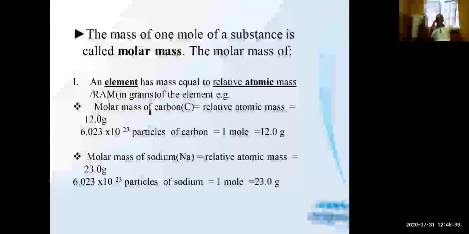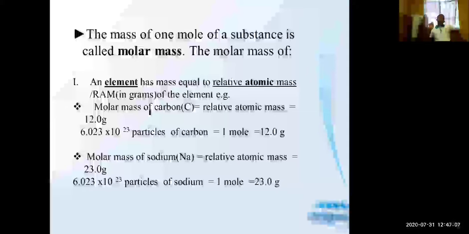The first one, we are going to deal with the element. In Form 1, you defined what is meant by the term element. An element has a mass equal to its relative atomic mass (RAM) in grams.